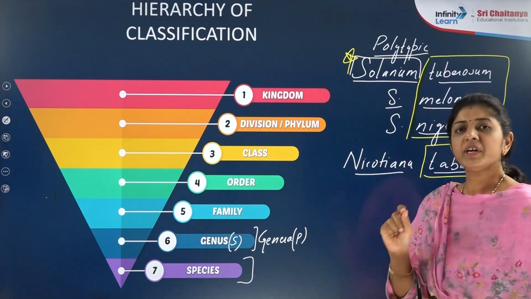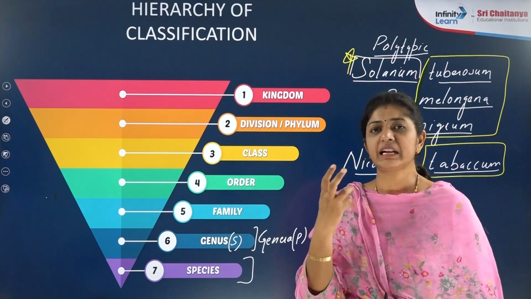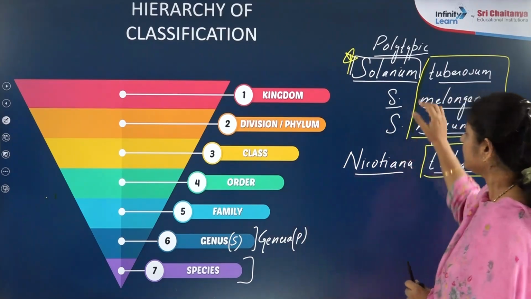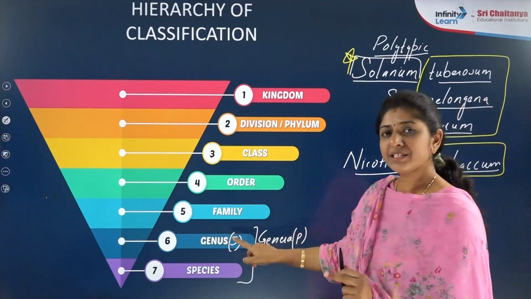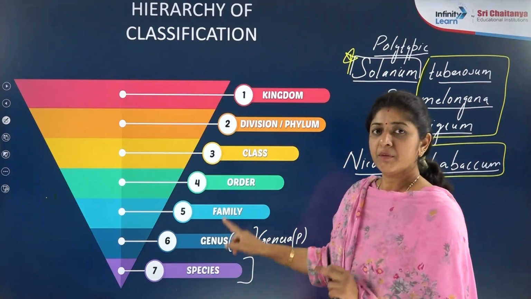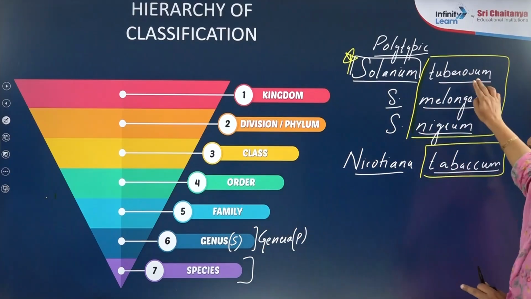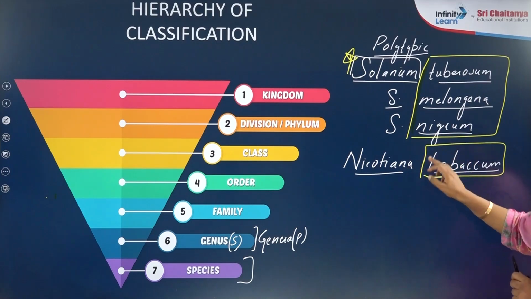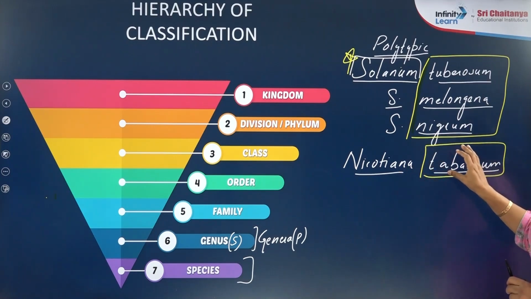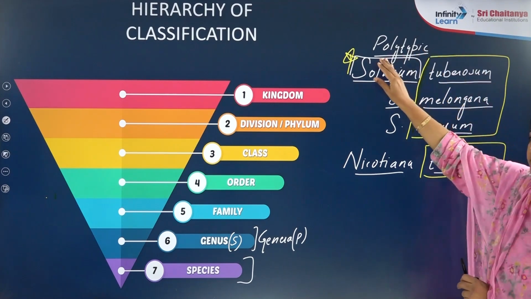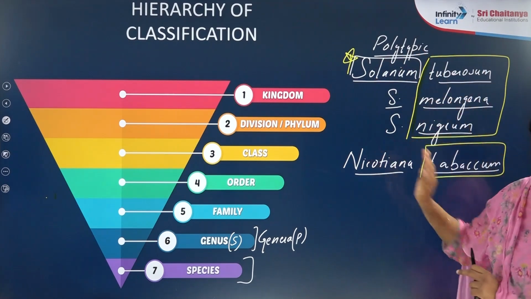I hope when you read that line, you will come out with clarity of the concept, which is very important at this point. Otherwise, the genus has fewer common characters as compared to the species. But if I am saying species which are in a different genus, Nicotiana for example, this has fewer common features as compared to these, because these are coming under one genus and this is coming under another genus.